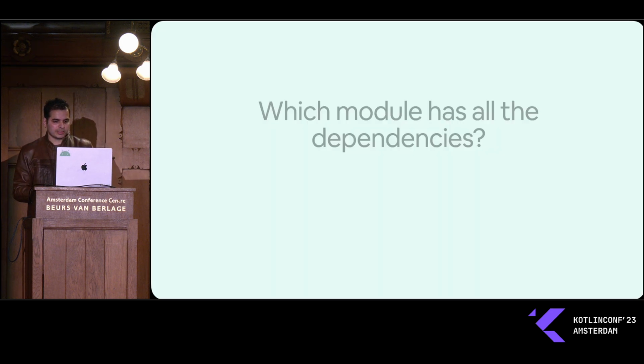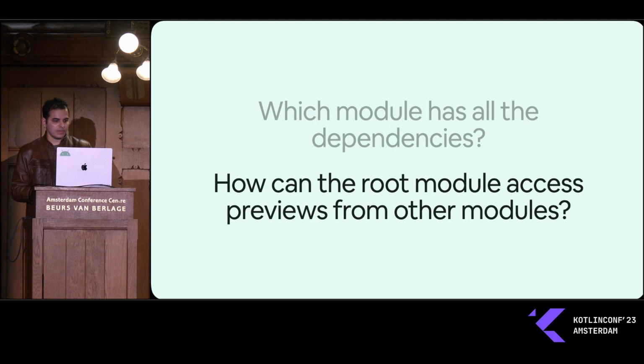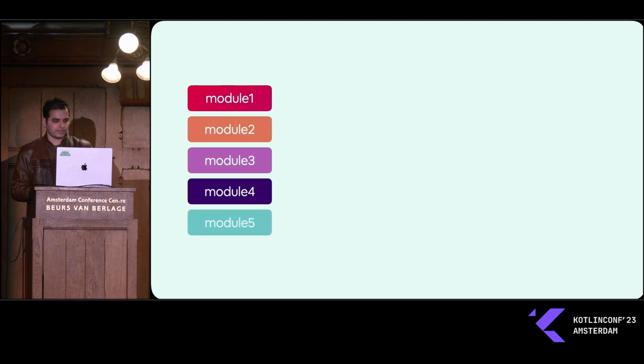The second problem is slightly more gnarly, which is how do we take into account the root module aggregating all the other previews in our code base. And this problem is due to some intentional and practical design decisions that KSP took. Now, this might not be obvious, so let's look at an example.